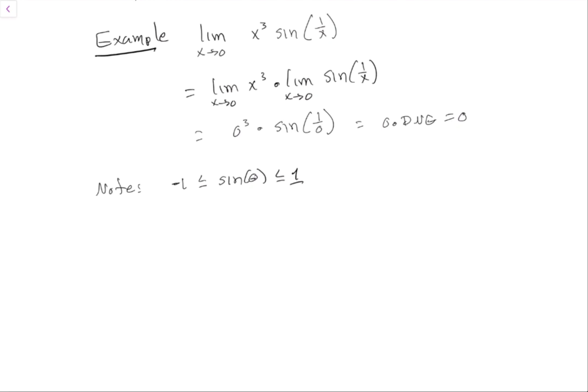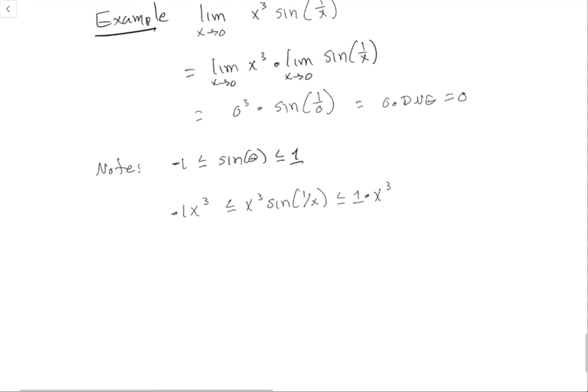So what I'm going to do is look at x cubed times sine of 1 over x. The largest that sine ever is 1, so the largest that expression will ever be is 1 times x cubed, and the smallest sine ever is -1, so the lower bound there is -x cubed.